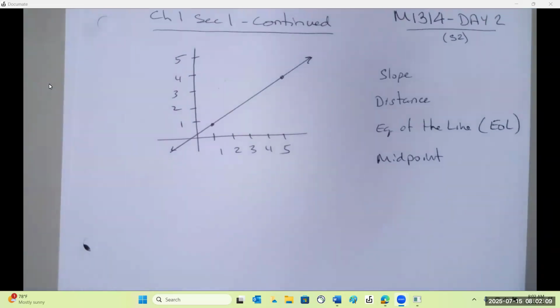And as an added bonus, we're going to use this information to define circles. We're going to go from a straight line to define circles.